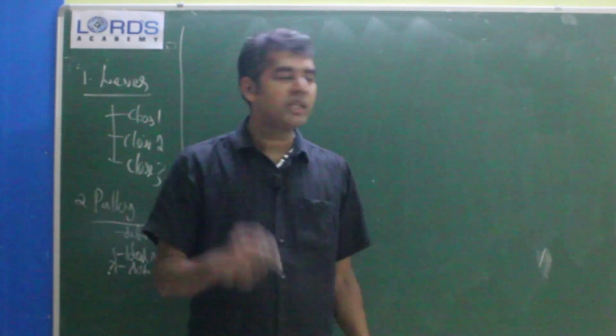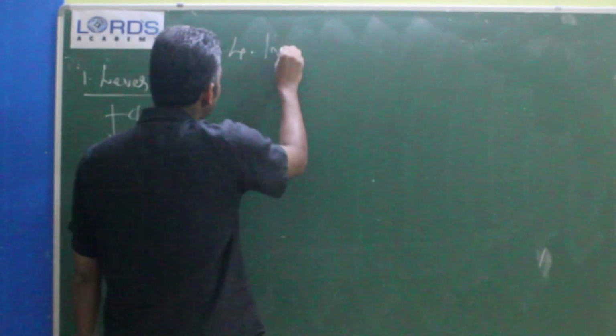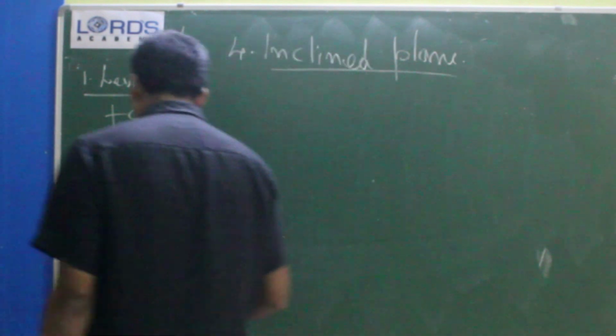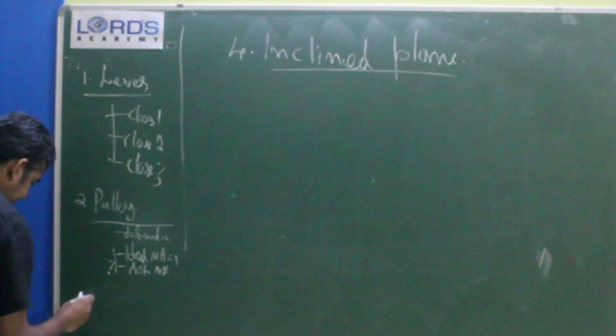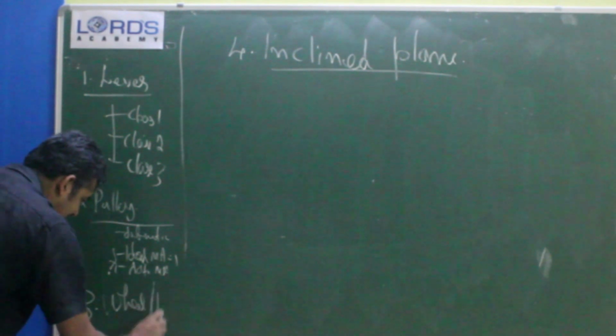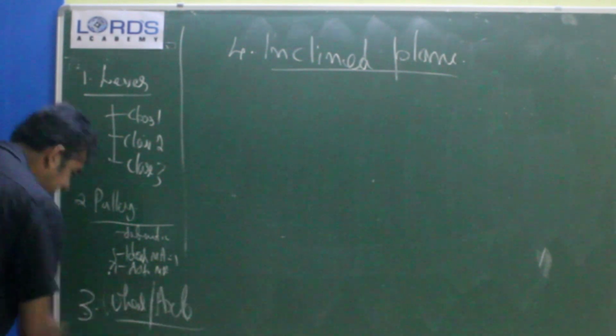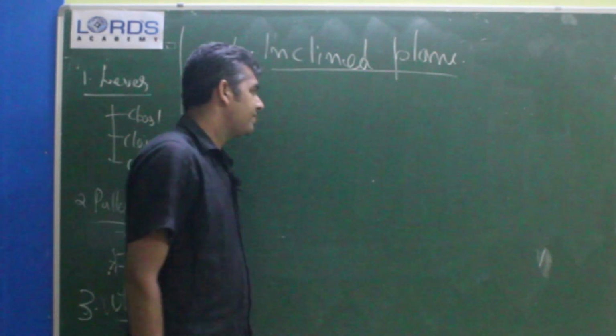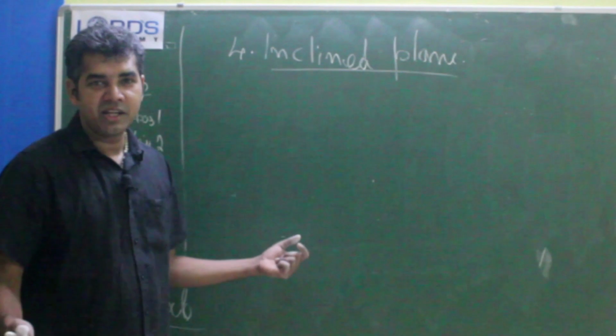So we go on to the fourth simple machine, inclined plane. Our third one was wheel and axle. So fourth one, inclined plane. How can we start the definition?